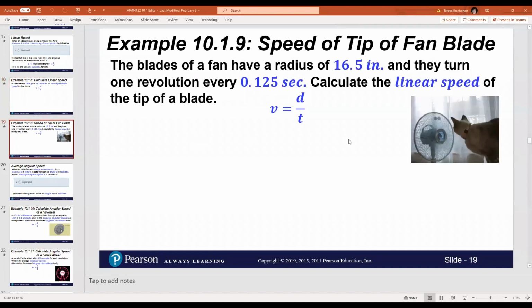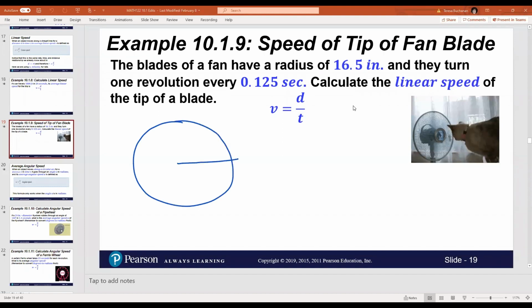as compared to this one. So the question is, watching that cat, watching that piece of paper wadded into the fan, the question is something like this. The blades of the fan have a radius of 16.5 inches.